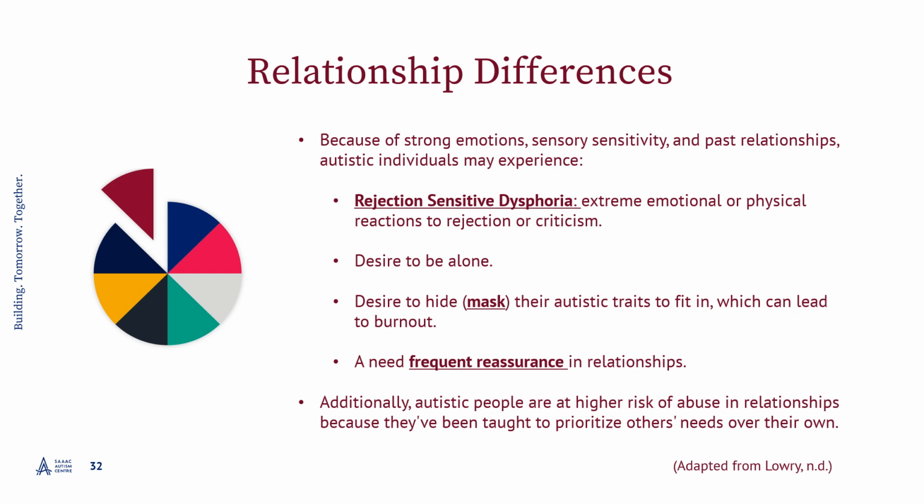They may do things such as connect on special interests as a bid for connection. Additionally, it's important to note that autistic people are at a higher risk of abuse in relationships because they've been taught to prioritize others' needs over their own. With this information, support personnel should avoid arbitrarily enforcing compliance.